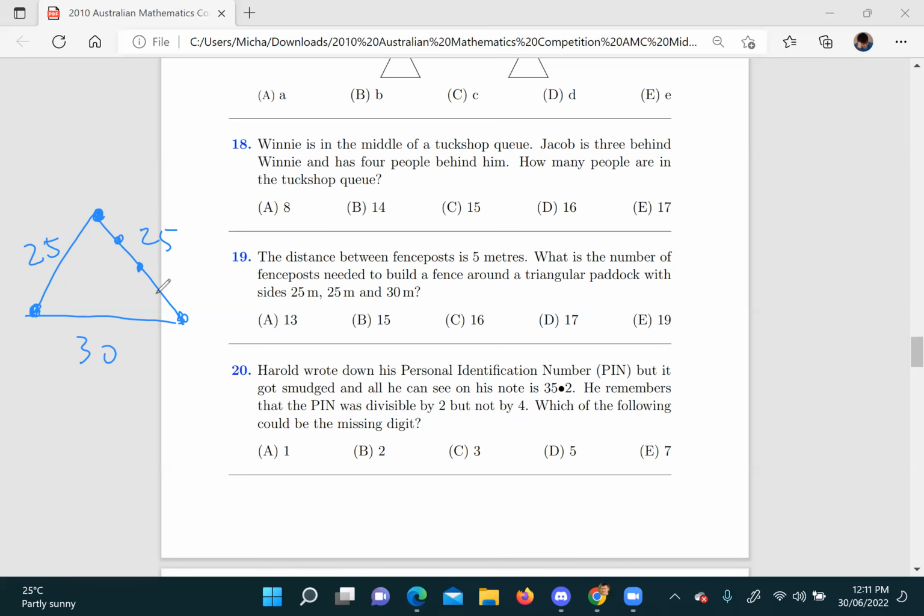1, 2. So that's 4, and okay, I'll draw a bit closer. Like that, right? 4. And then it should be 5 in here, right? 1, 2, 3, 4, 5 in here.